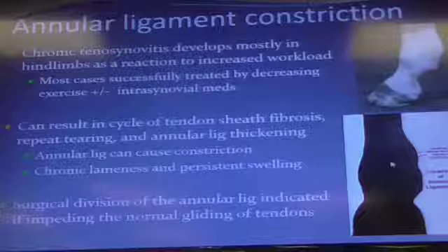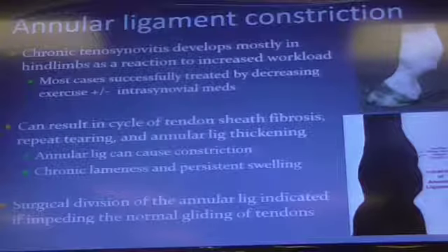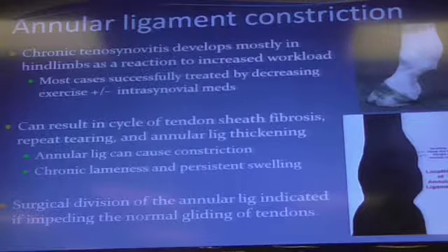This can be a result of a direct injury to the annular ligament. It can have to do with something that goes wrong with the tendon sheath itself, chronic fibrosis and tearing and thickening, and then more inflammation creates more of that.